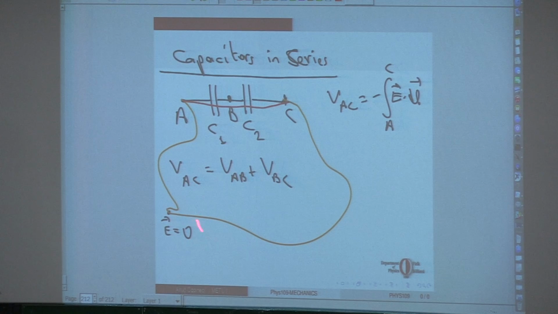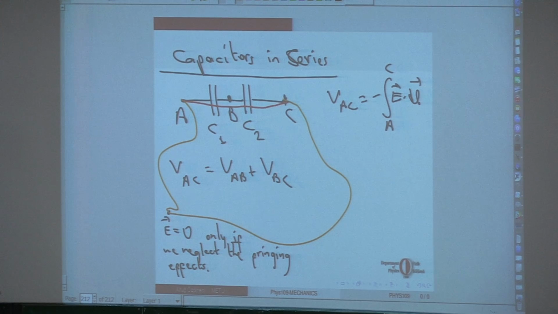Now the problem here is that, remember, E is equal to 0 only if we neglect the fringing effects. So this is basically an example where the fringing effects have to be there.